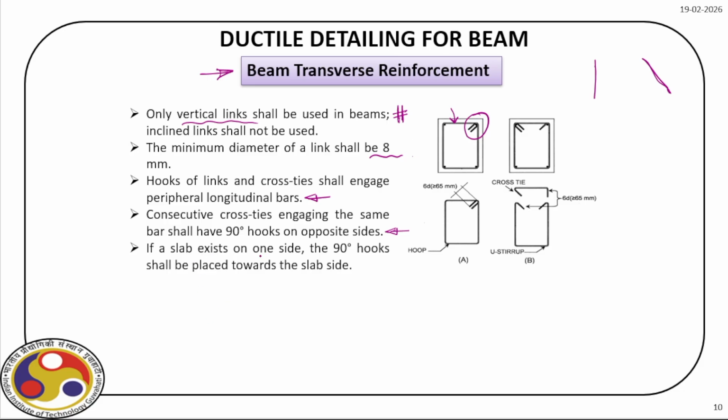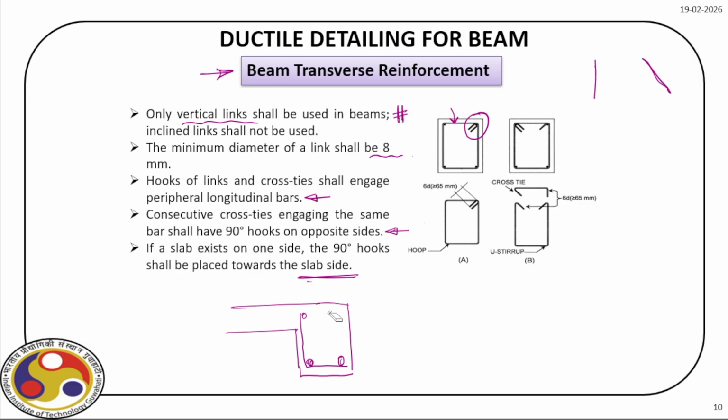If a slab exists on one side, the 90-degree hook shall be placed towards the slab side. Say this is the slab and this is the beam and these are the beam reinforcements. Obviously, if we have a transverse reinforcement, we can provide the hook here, but that is not recommended.